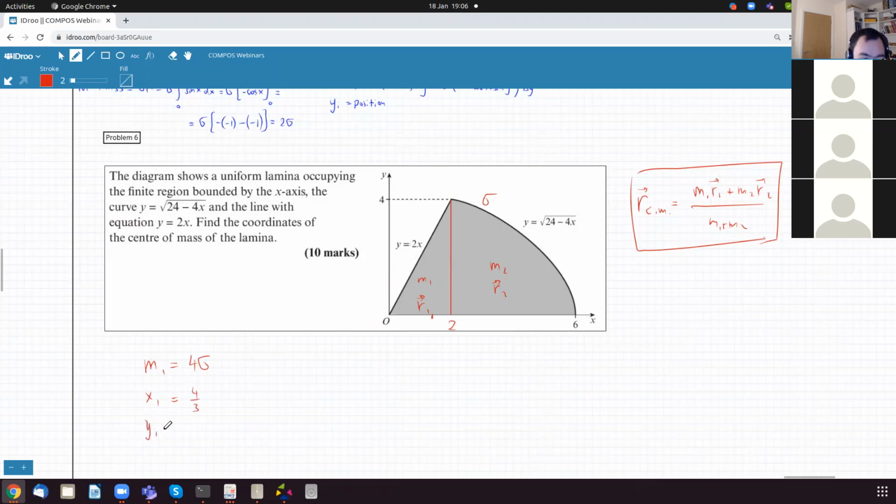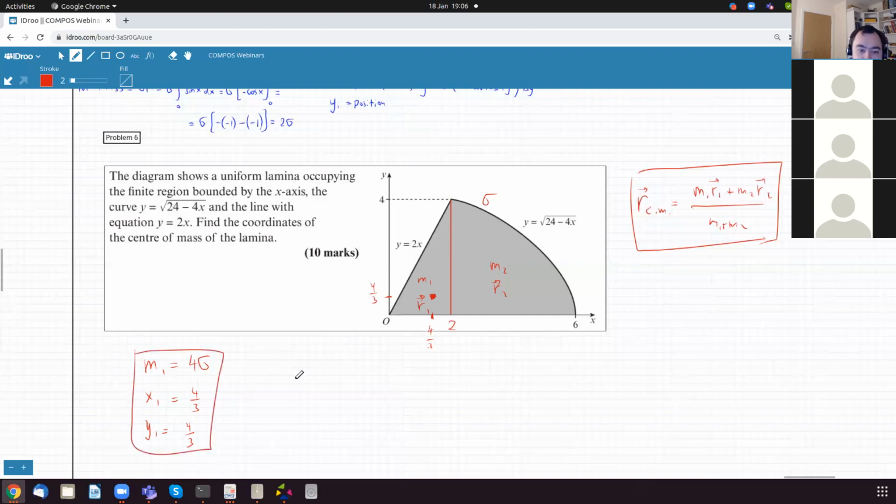And y1, the y coordinate, you need a third of 4, so it's 4/3 as well. So you have the first bit.